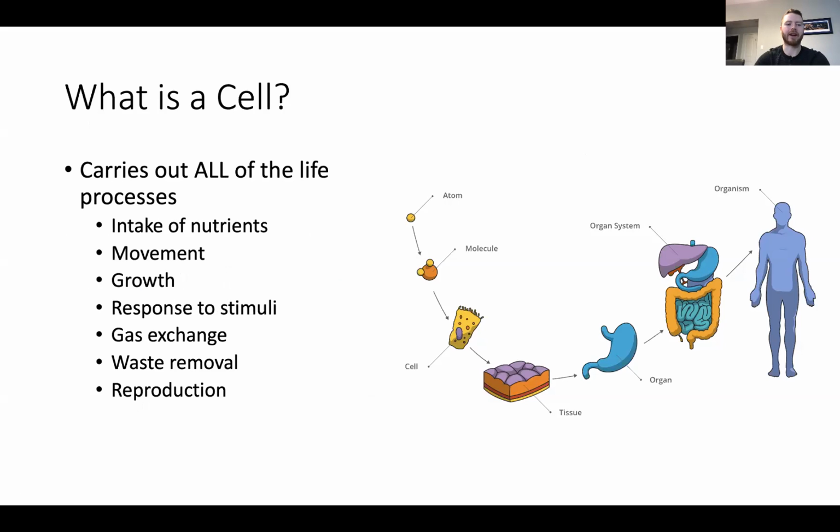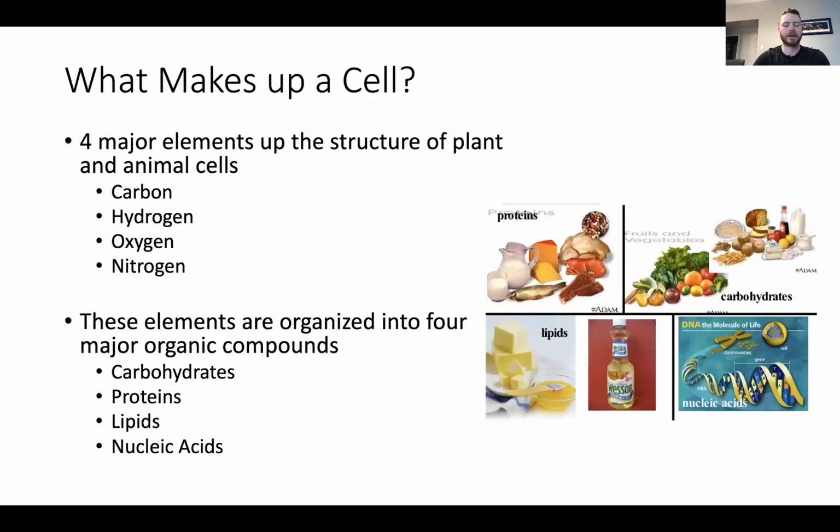A cell will carry out all of the life processes, so intake of nutrients, movement, growth, response to stimuli, gas exchange, waste removal, and reproduction. These are done on the level of a cell. Again, a little bit more refresher.